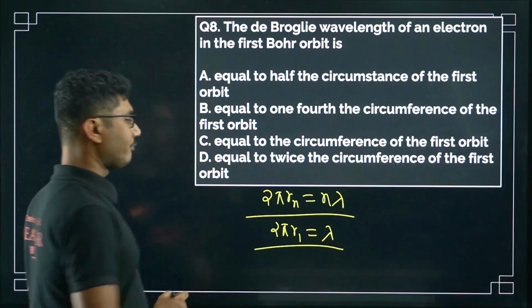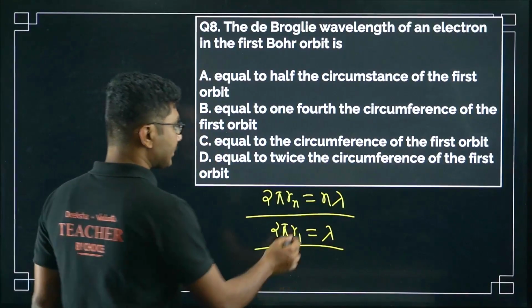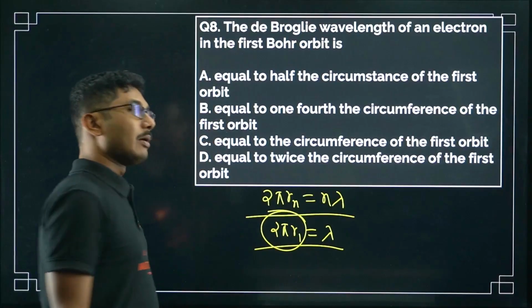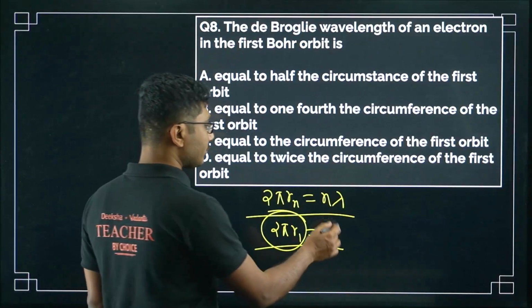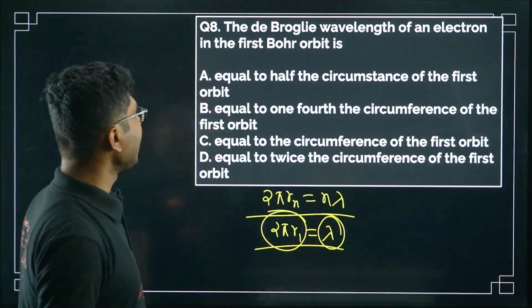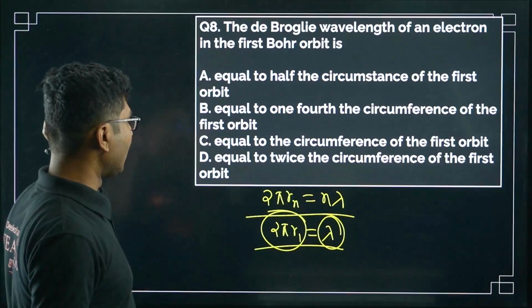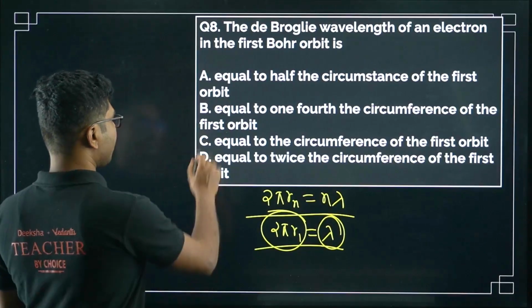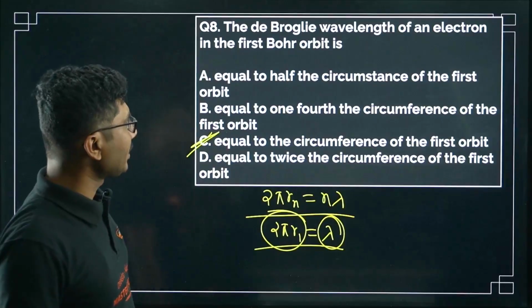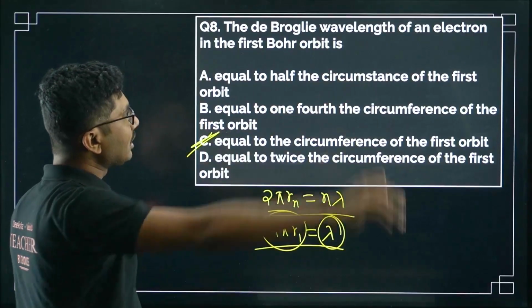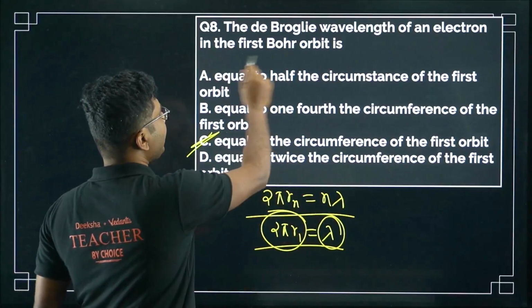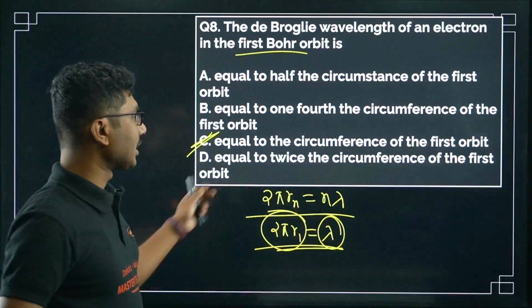So the circumference of the first Bohr orbit should be equal to the wavelength lambda. So the de Broglie wavelength of the electron in the first Bohr orbit is equal to the circumference of the first orbit itself.